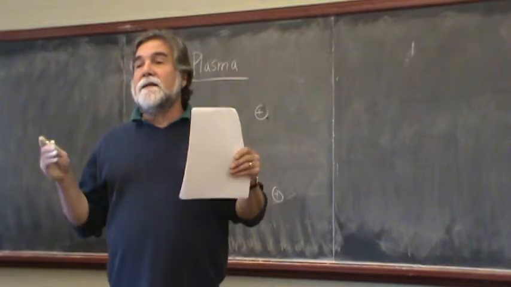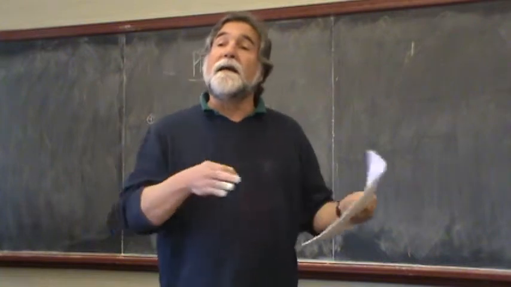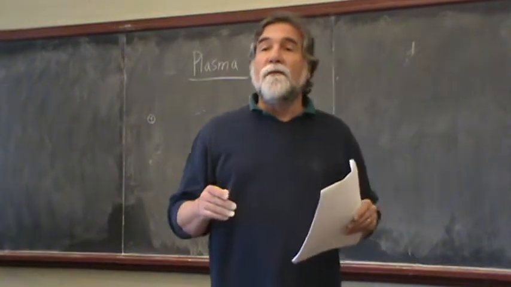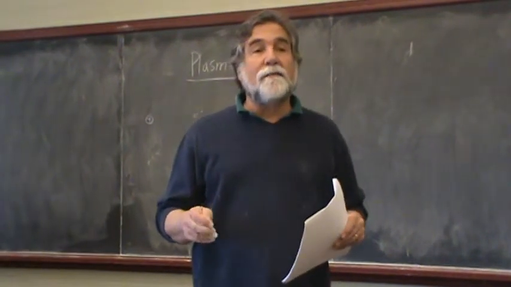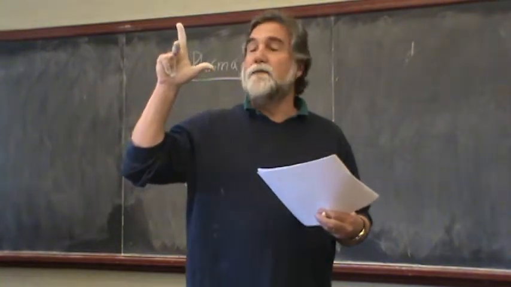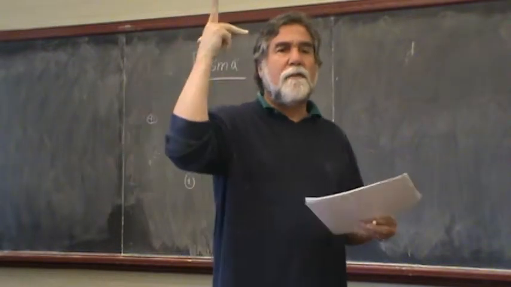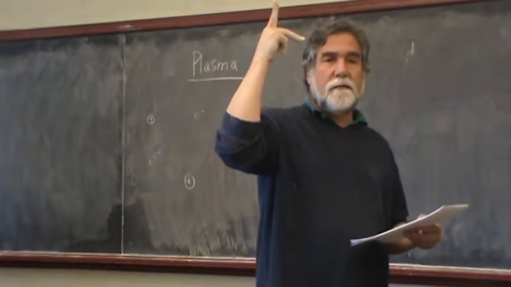And then said the solutions look like this. We looked at these solutions for transverse waves, where the electric, magnetic, and propagation directions were at right angles to one another, right?